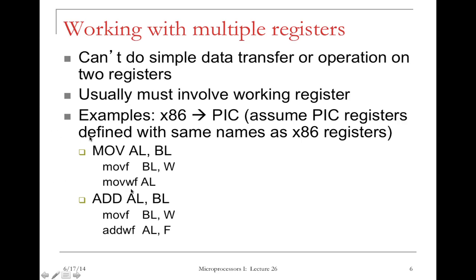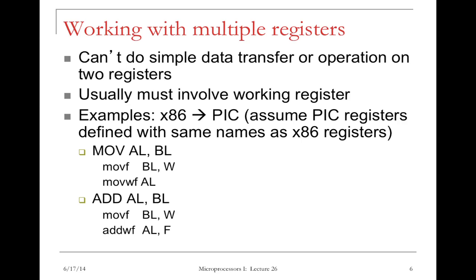And the next instruction is to copy the value from the working register to another register, and in our case, this is AL. So we're going to copy the value from the working register to AL. With these two steps, we can copy the value from BL to AL.